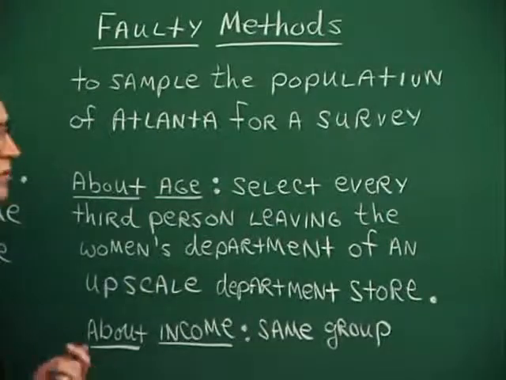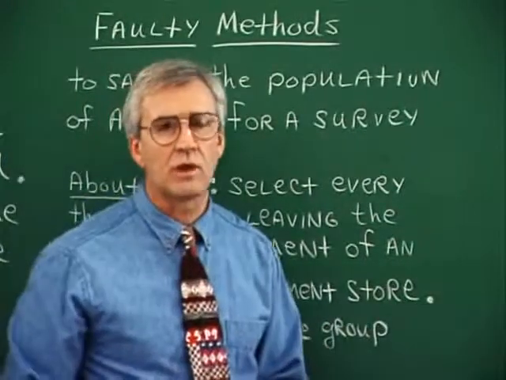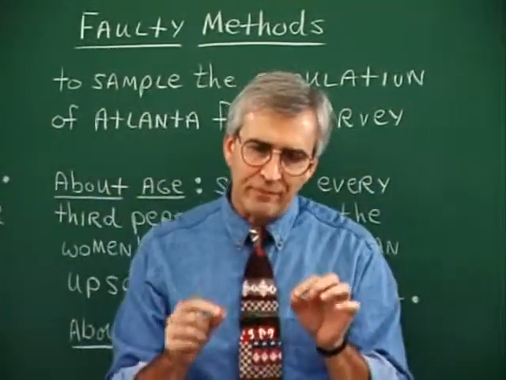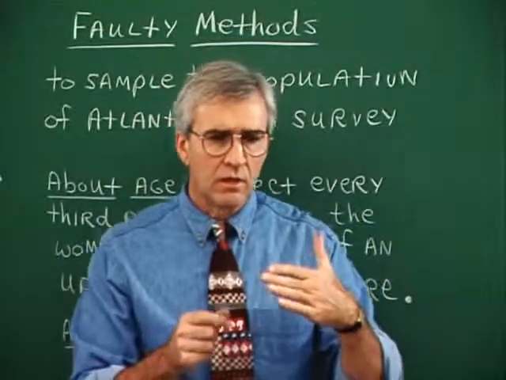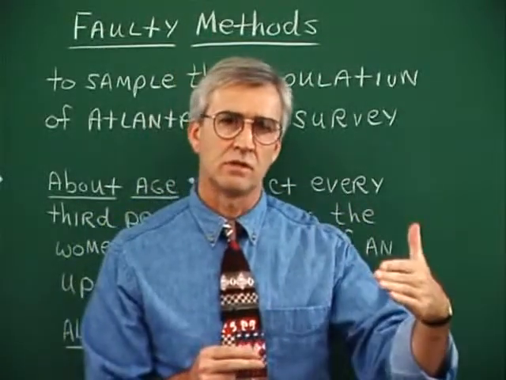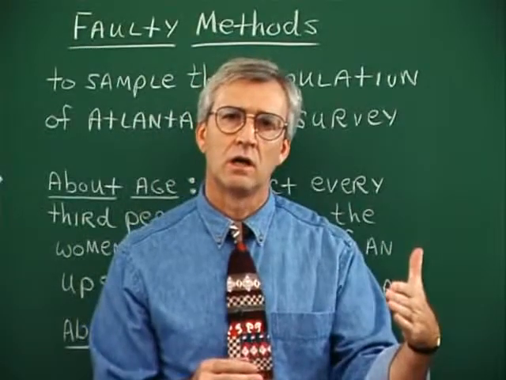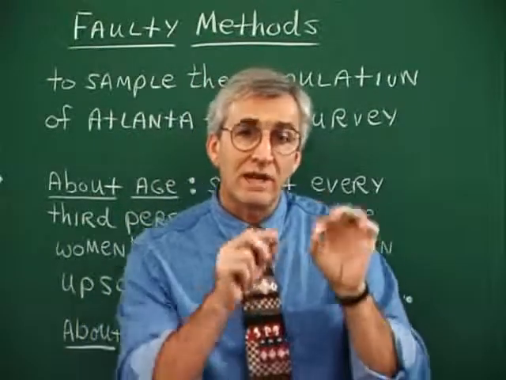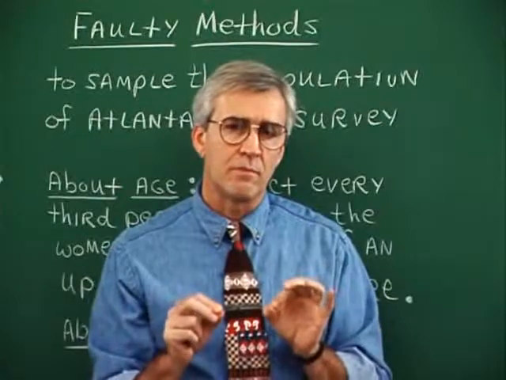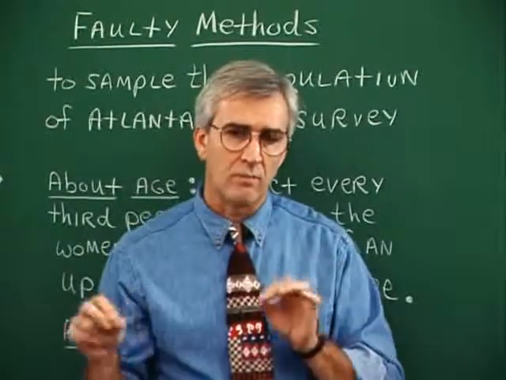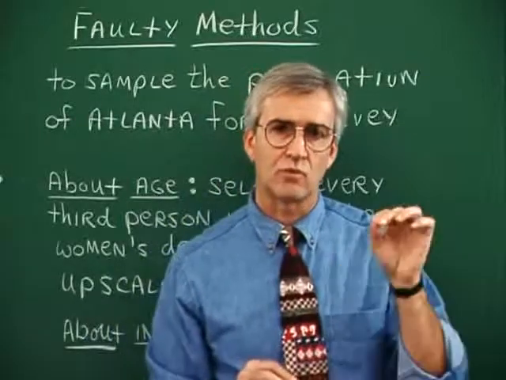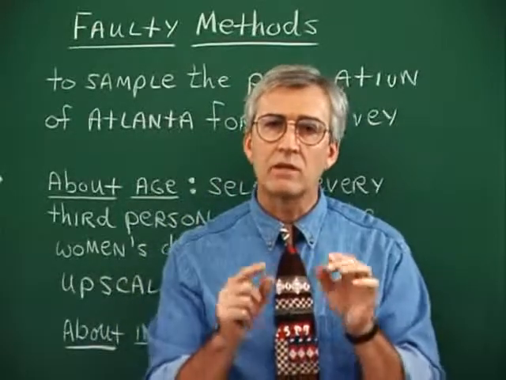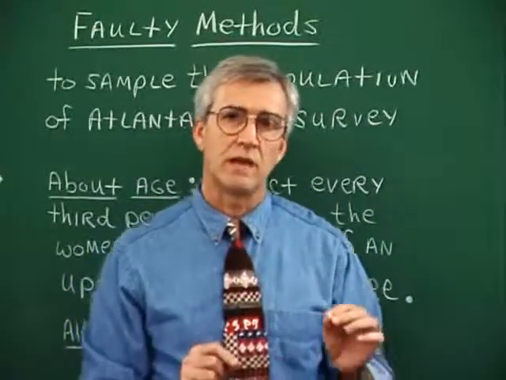Now, what do we do in such situations? Well, one thing is that if it's possible to associate the members of a population with a number, and we assign a different number to all of the members of the population, and if we're able to choose numbers randomly, then we could select our sample in that way.